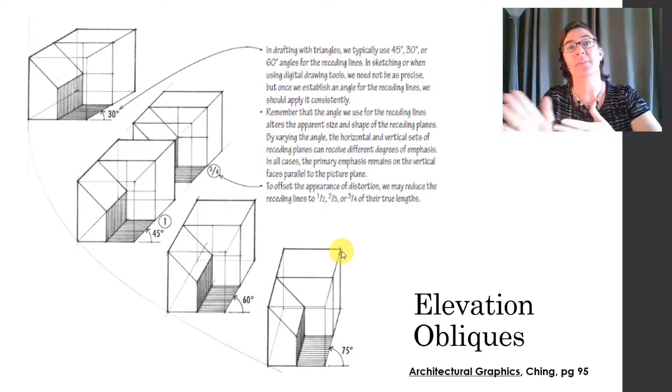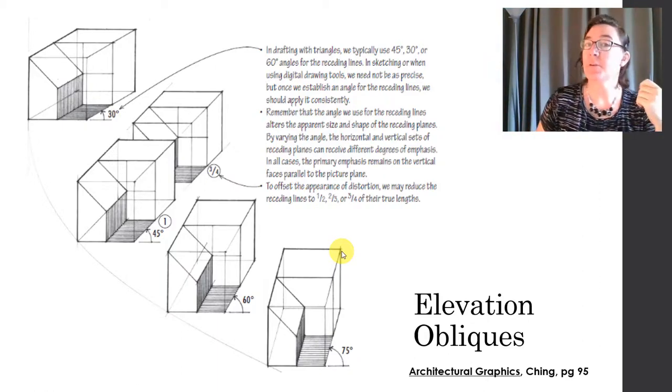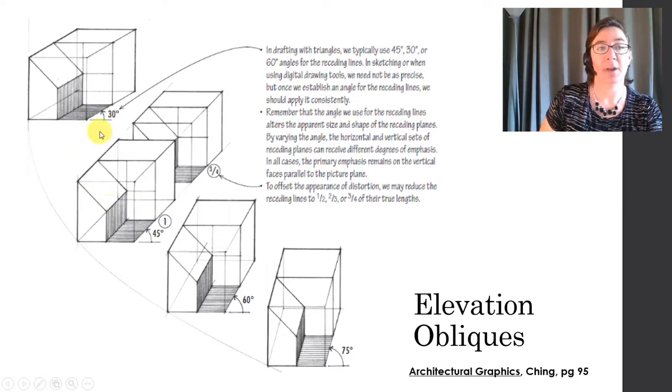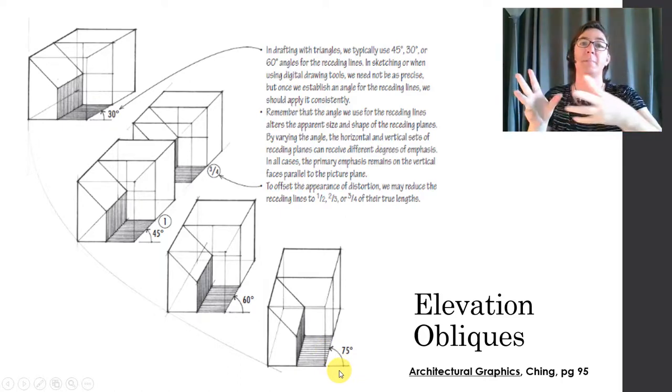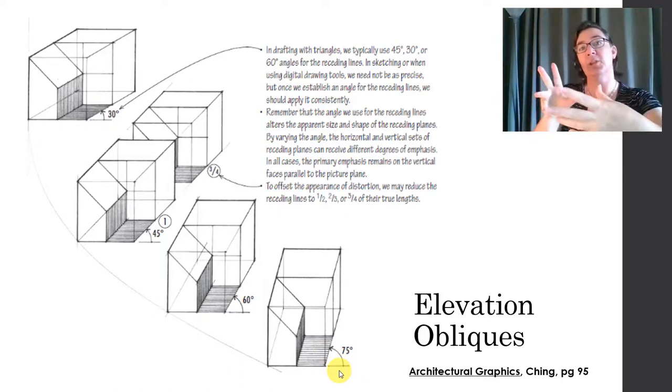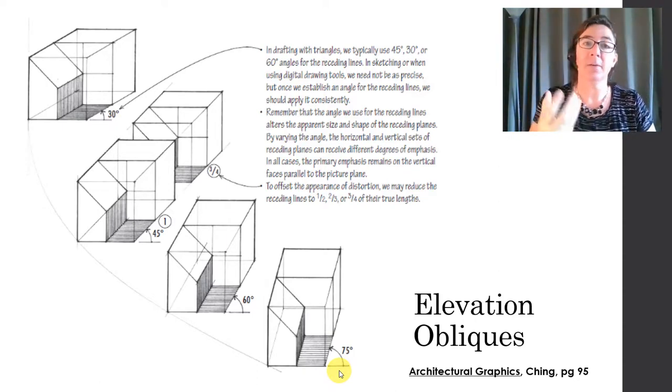And then the receding lines will be projected at an angle, and you can choose that angle. Here's an illustration of the same building projected at a 30 degree, a 45 degree, a 60 degree, and a 75 degree. You can see that by choosing that angle, you're really choosing the three-dimensionality and the view angle that you're looking at that building.